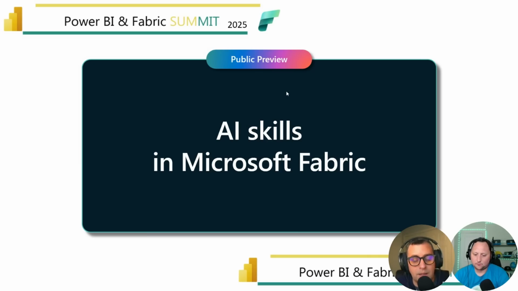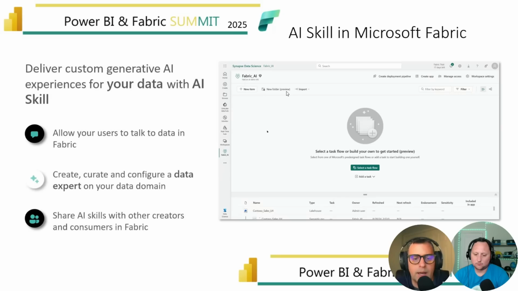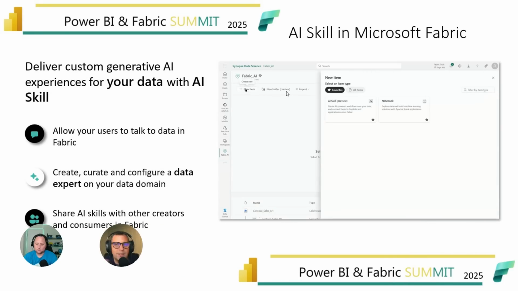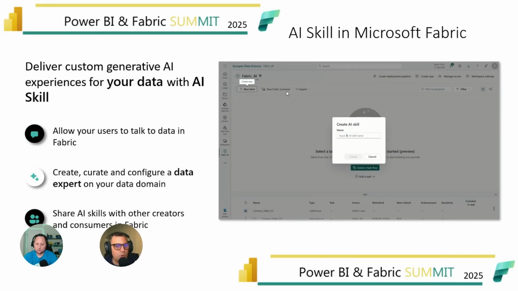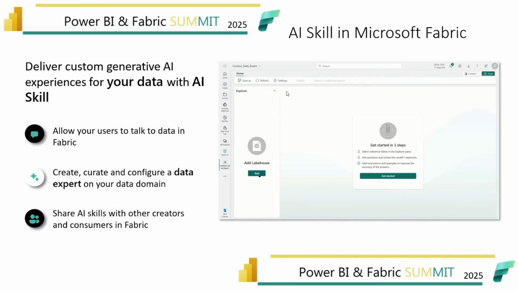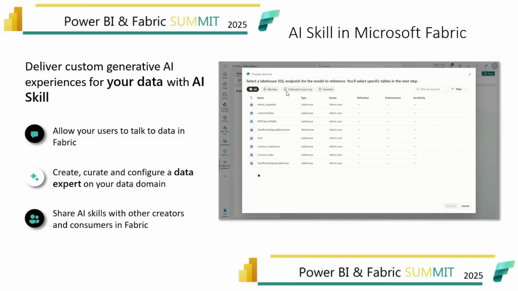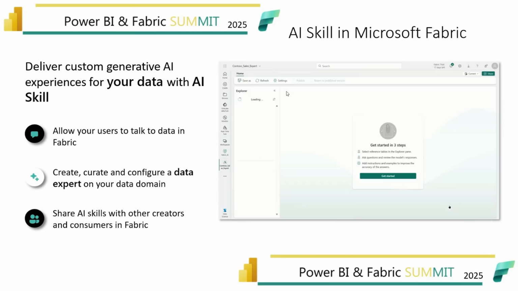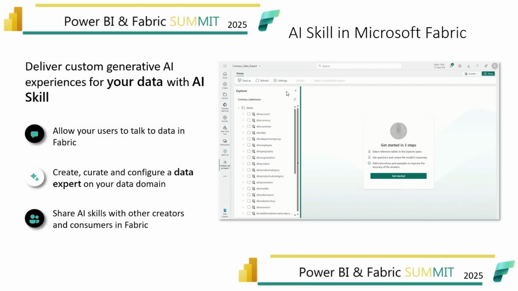So, that being said, first of all, remember this is still in public preview, and as you can see in this screen, you can just create in any workspace. Remember, of course, that you need to enable Fabric in your tenant. Then, as an admin, you need to enable the AI skills to get this feature up and running within your environment.